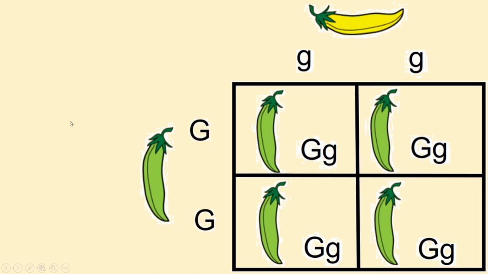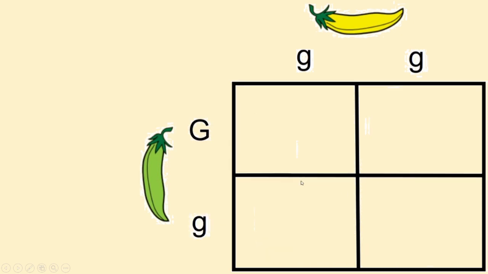We've maybe waited a year, and now we're breeding these plants that we've made to make some more for next year. So it's got big G for the dominant allele, being a green pea pod, and it's carrying, hidden in its genetic material, this recessive gene for being a yellow pea pod.